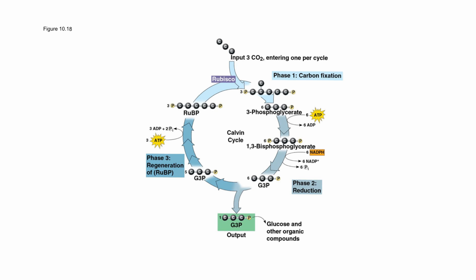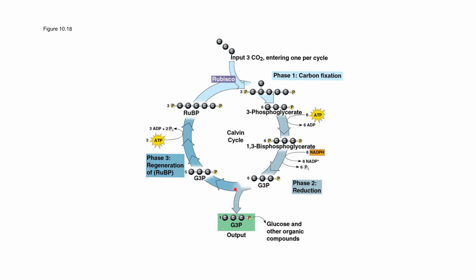Remember, glycolysis is what we see in cellular respiration. So instead of breaking down glucose, we are actually putting together glucose. 6 carbon dioxides and 2 G3Ps are used to produce 1 molecule of glucose. And so that's what the plant is needing to make, is that glucose to be used as energy.